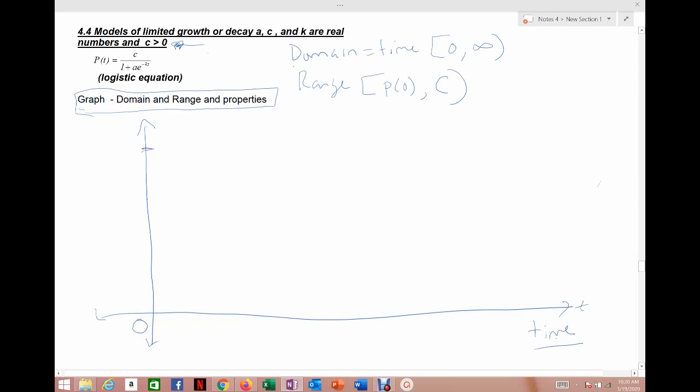Then we mark off y equals C. That C value is important, and it's going to be an asymptote. That's the C that's up here in the numerator of my logistics curve. I'm going to draw it as a dotted line because it is an asymptote, and usually we draw asymptotes as a dotted line. So this would be the line y equals C. This is a horizontal asymptote.